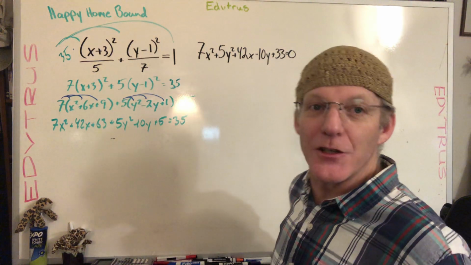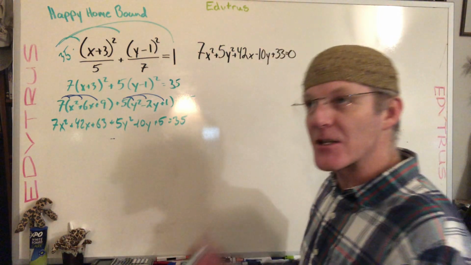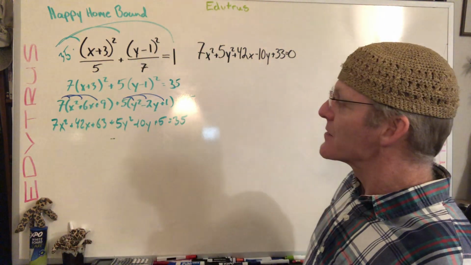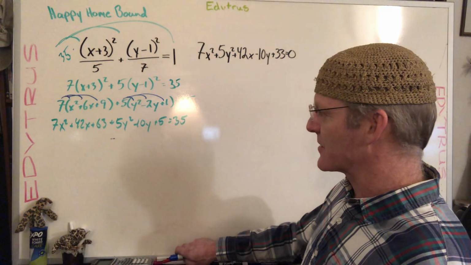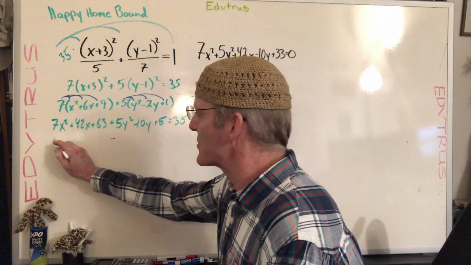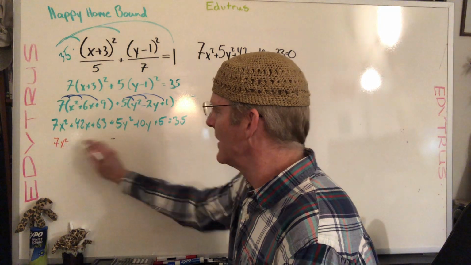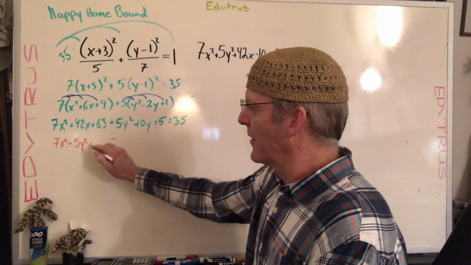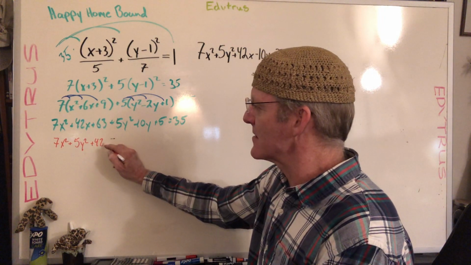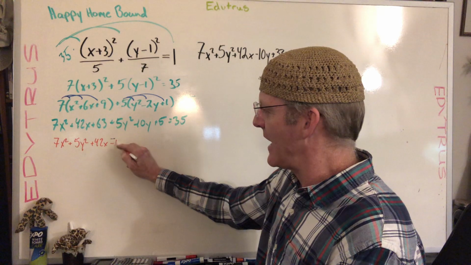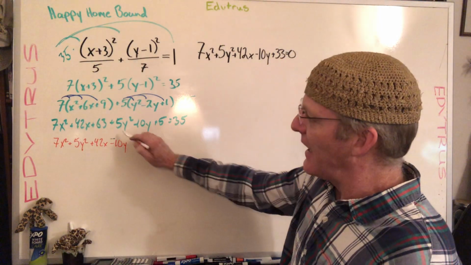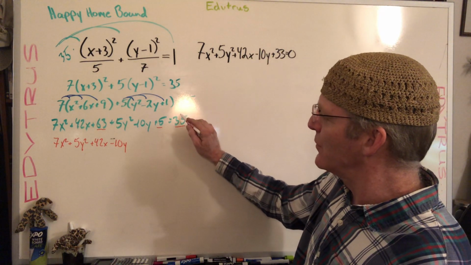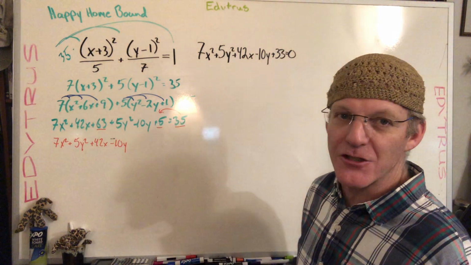Now, the only last thing we've got to do is put it in the proper order of descending exponential and alphabetical order, and make it equal 0. So, in our final answer, we're going to have what? 7x squared, and then the 5y squared, the 42x, minus 10y, and then we have to remember to combine 63 and 5 and move the 35 over with subtraction.